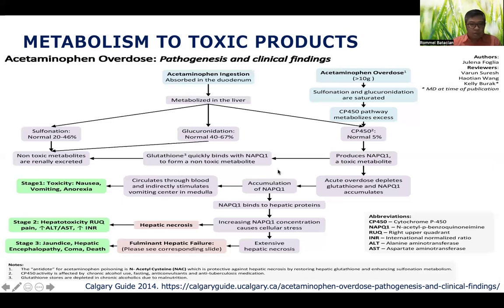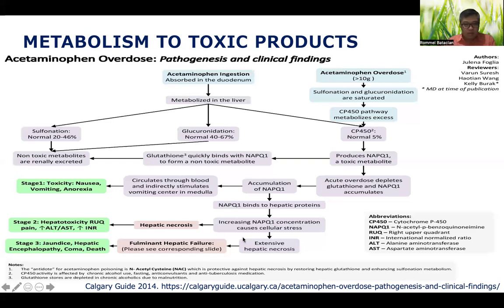But excessive NAPQ1 will now go to the liver, leading to hepatic necrosis, and now eventually through time there are already signs of liver dysfunction. So there is right upper quadrant pain. Sometimes you would measure the liver enzymes. There is already elevated SGPT, SGOT, and elevated international normalized ratio, or the INR. So it's already affecting the prothrombin time.